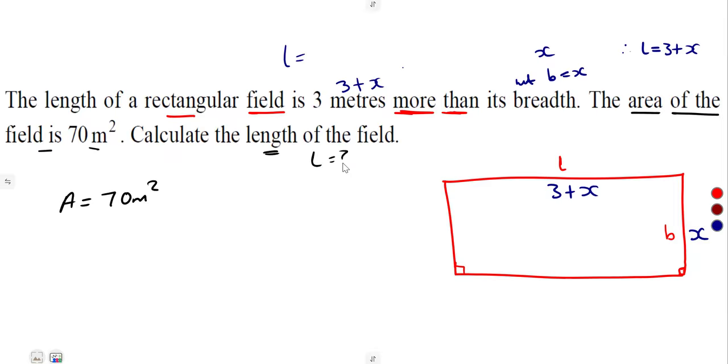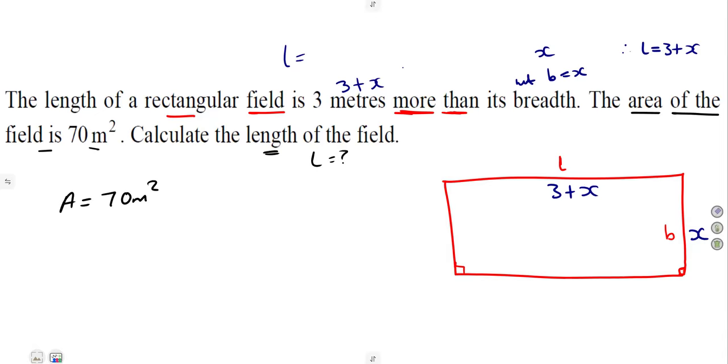You do not know. But take note, the length is equal to 3 plus x. We are not given any equation so far that we can use, but we can form one from what you're given.